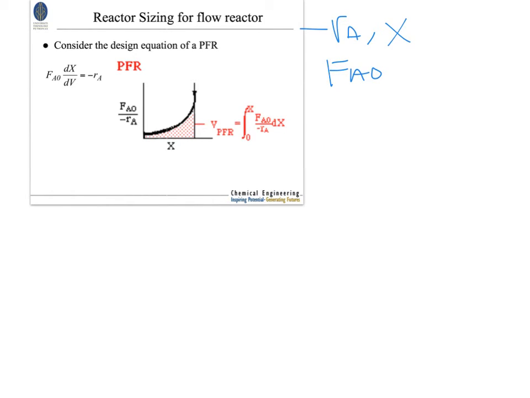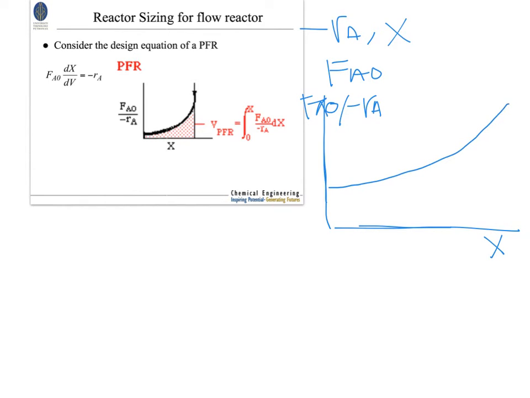So you will plot a graph, a Levenspiel plot, of FA naught over minus RA versus X. Let's say the plot is something like this, and the conversion given to you is here, say 0.8.